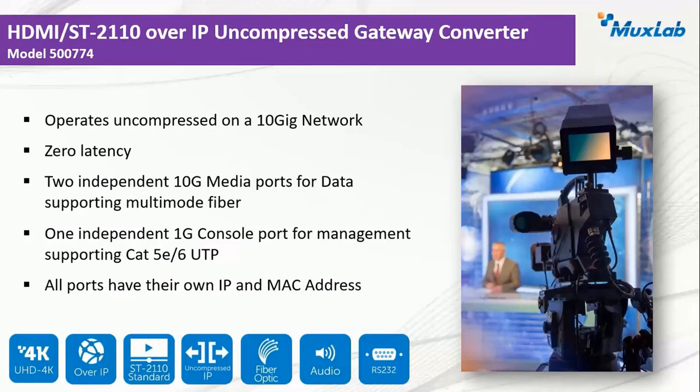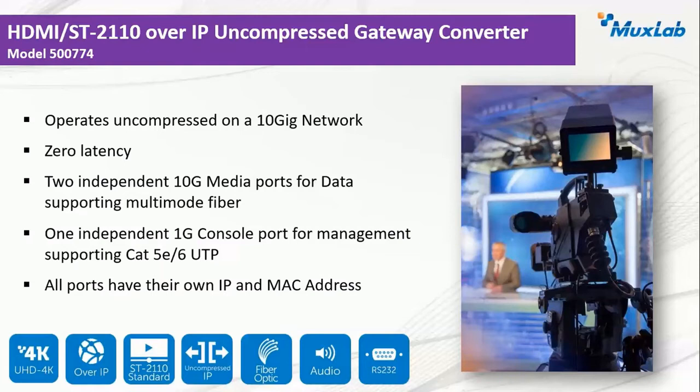And in addition to the two media ports, we also have a 1 gig console port, or control port, if you will, for managing the device. That allows you, and a lot of customers have asked for this, in fact, pretty much all customers have asked for this, to be able to have an independent port for control that could be from a separate network.